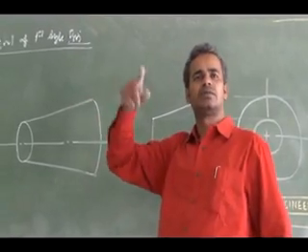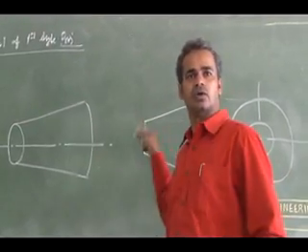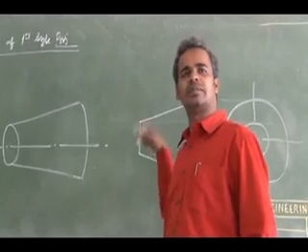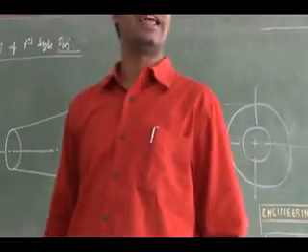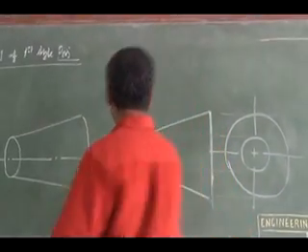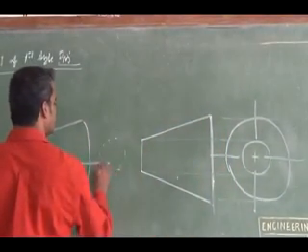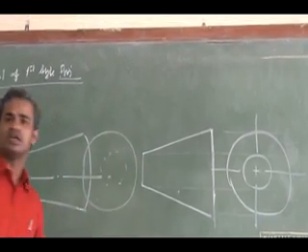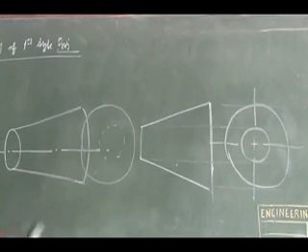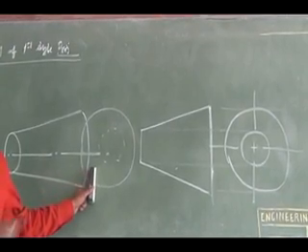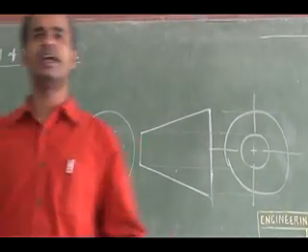The smaller circle is hidden. While viewing from the right side, the smaller circle will be seen as a hidden circle. So I can draw the right side view with a hidden circle and a bigger circle as the visible one. This you should not represent in your first angle projection symbol.